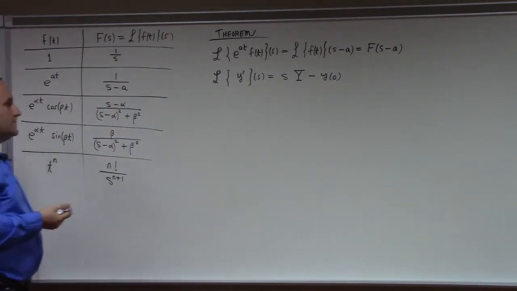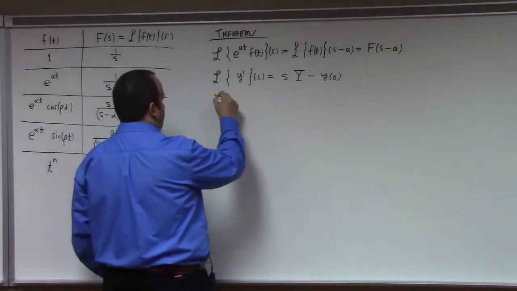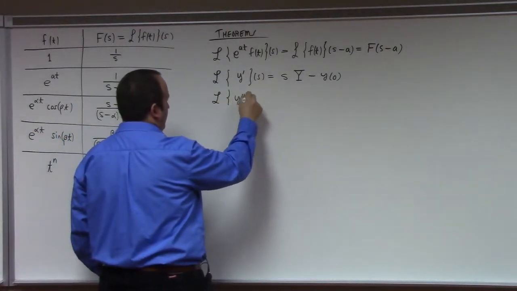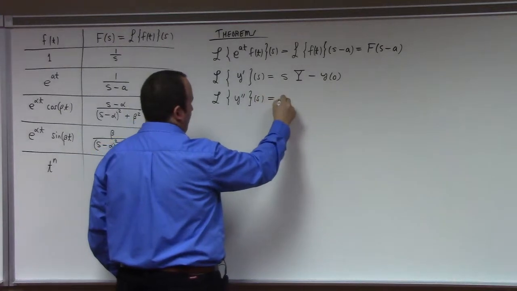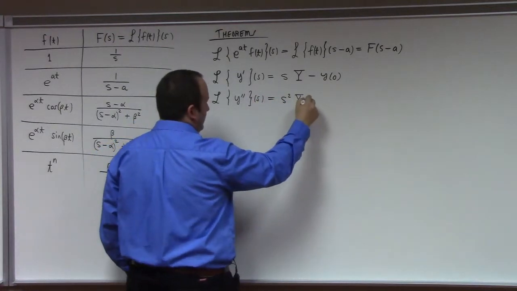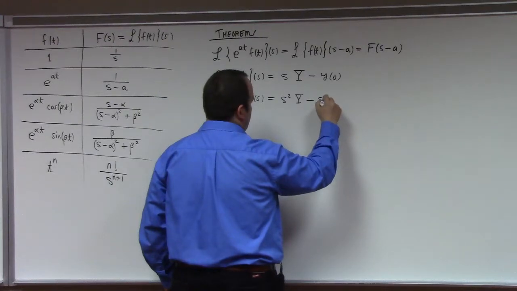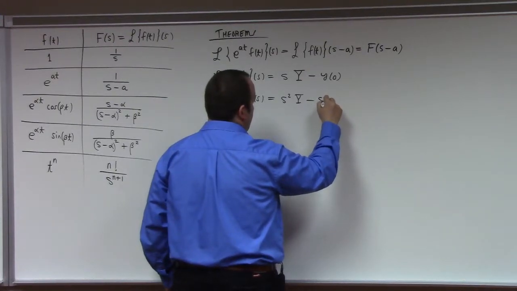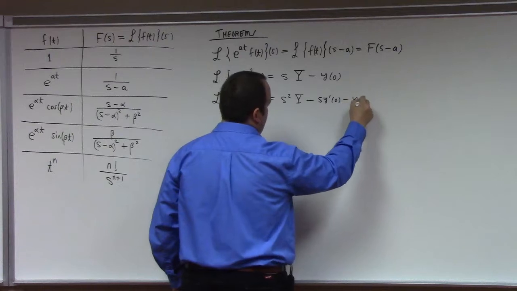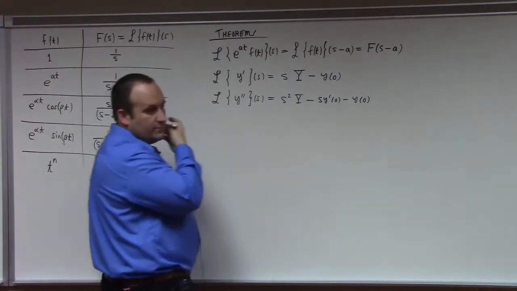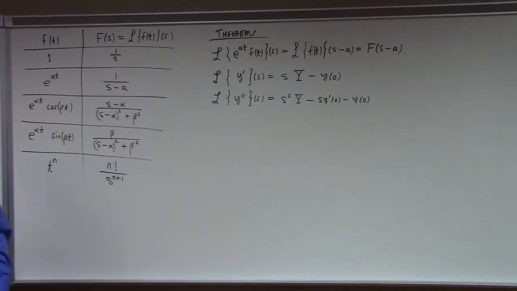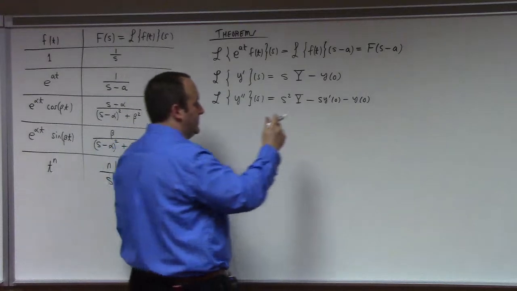And then, of course, the Laplace transform of y prime prime is s squared times big Y minus s times y of 0 minus y prime of 0. Am I right? It's minus y prime 0. So s y 0 minus y prime 0. Aha, so I have them, yep.